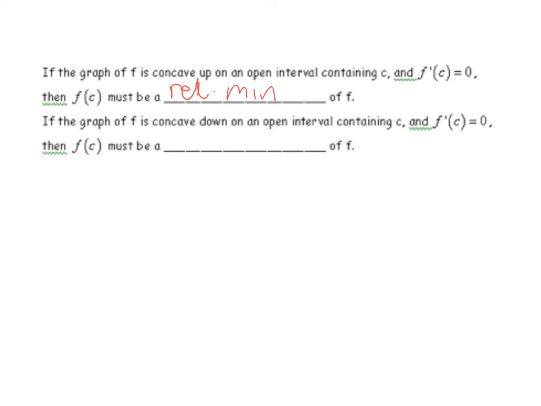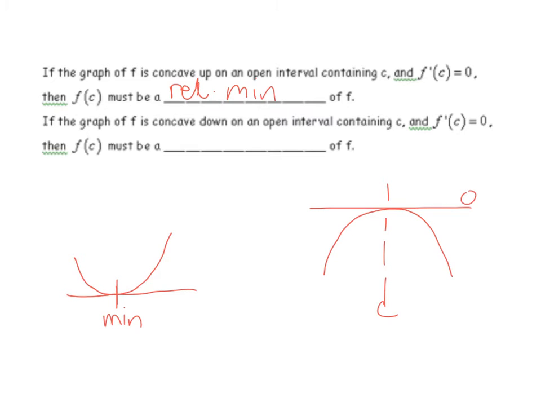If the graph is concave up and the derivative is 0, then this point, C, has to be a min. What if the function is concave down on an open interval containing C, here's C, and the derivative at C is 0? Then this must be a relative max of f.